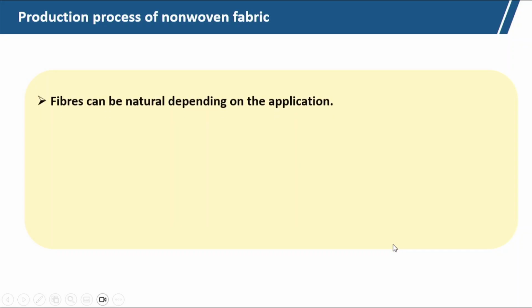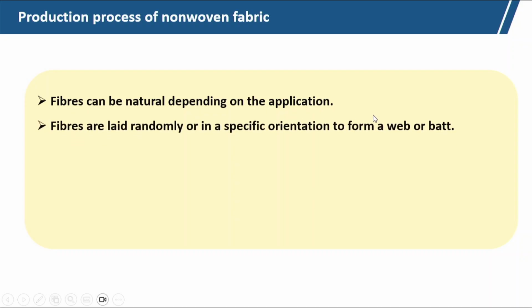Now, there are different types of production process. Fibers can be natural, depending on application, or maybe synthetic fibers. High performance fibers are also used for nonwoven fabrics.